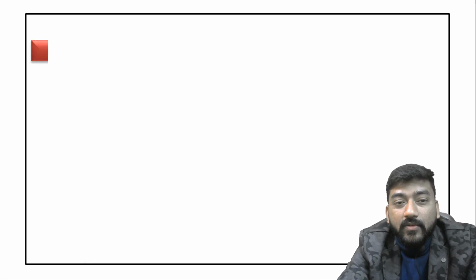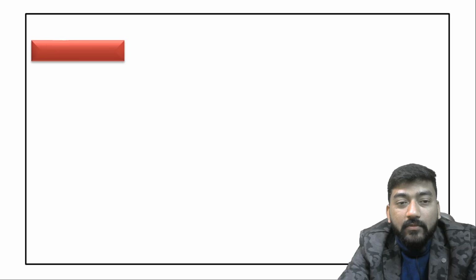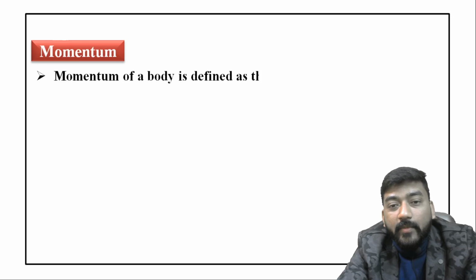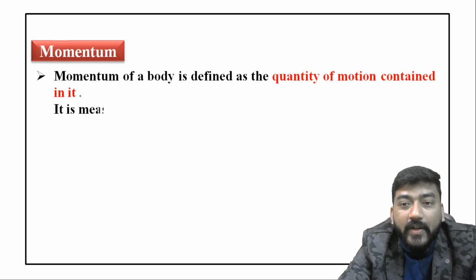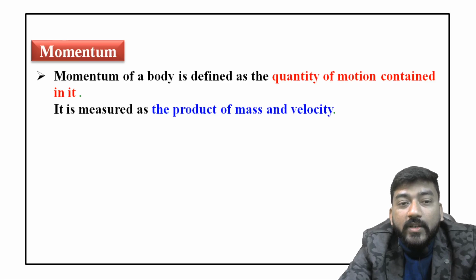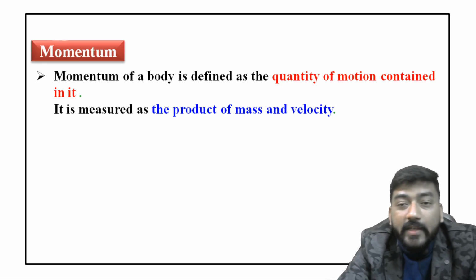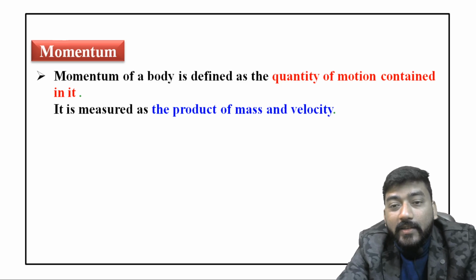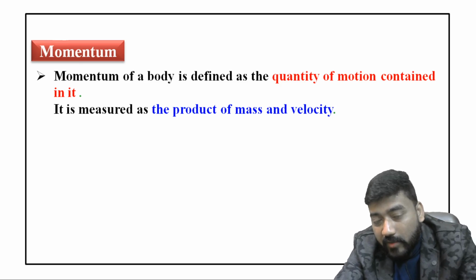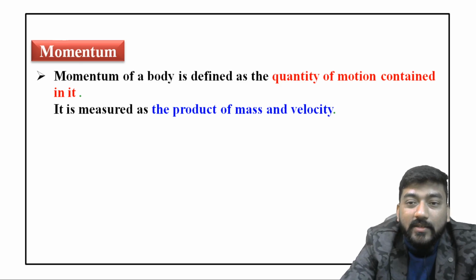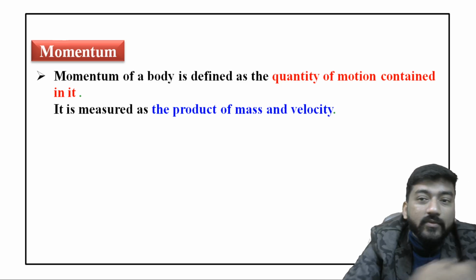So you can now define momentum: the momentum of a body is defined as the quantity of motion contained in it. The quantity of motion contained in it is a very important phrase that I keep repeating.